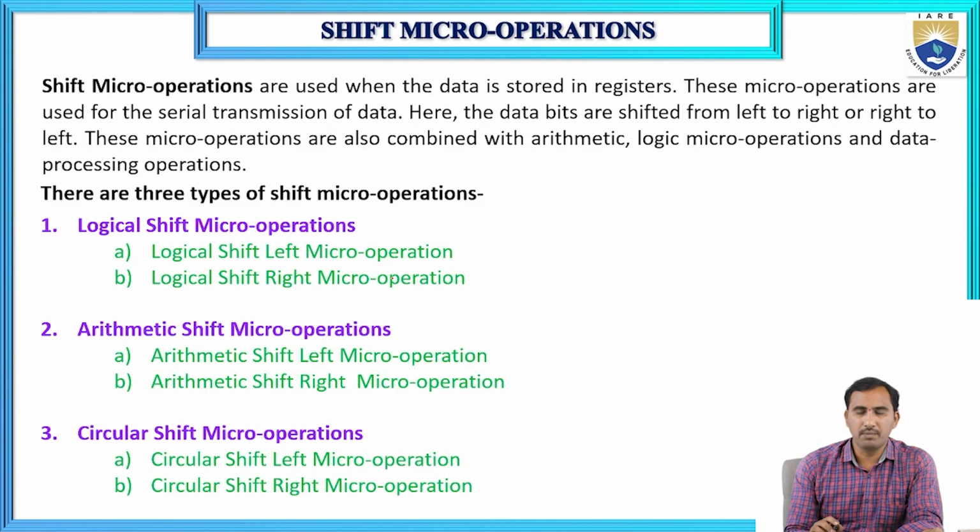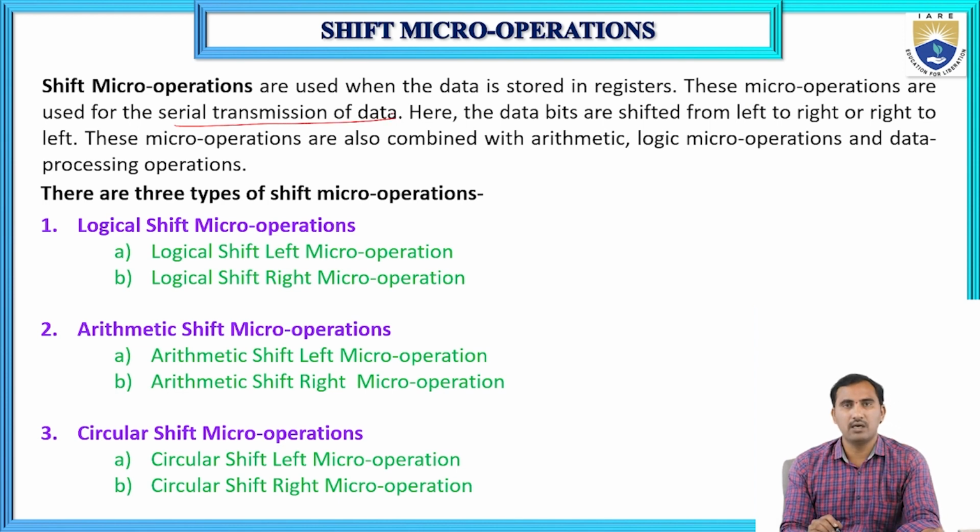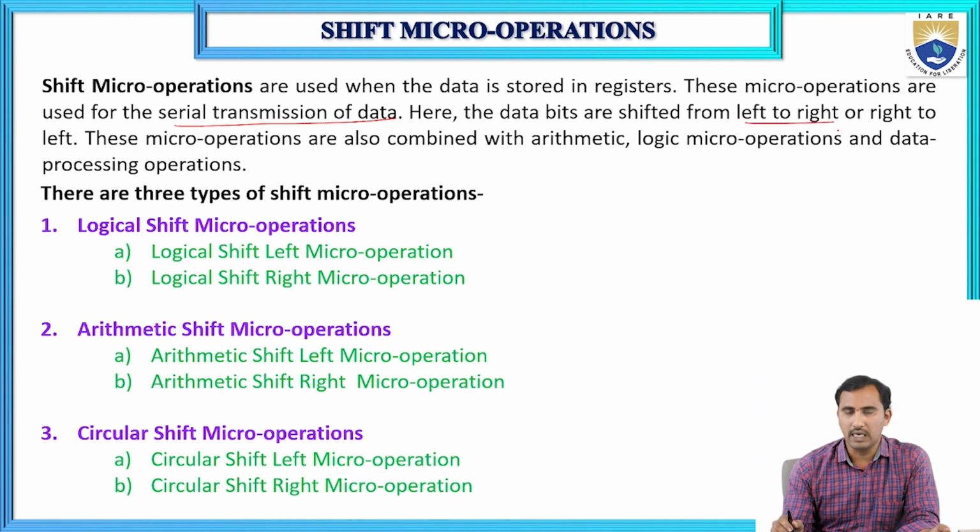And coming to the shift micro operation. Shift micro operations are used when the data is stored in registers. These micro operations are used for serial transmission of data. Here the data bits are shifted from left to right or right to left.